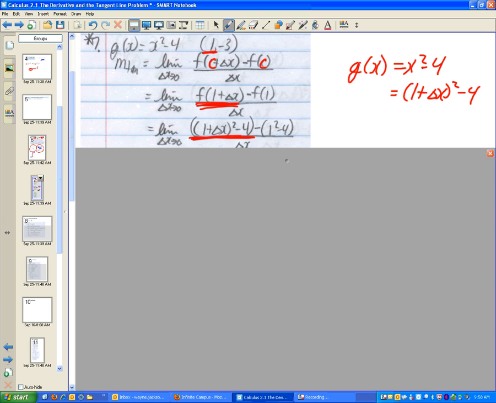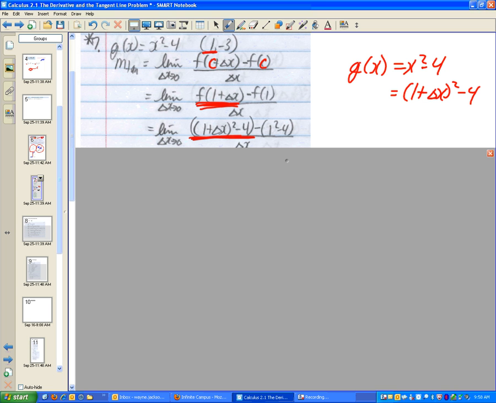The two things I underlined in red are the same thing, aren't they? The second version is simply, I replaced x with 1 plus delta x. You with me on what I've got underlined?